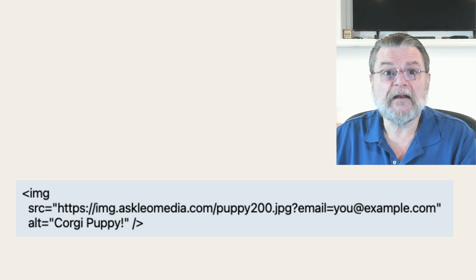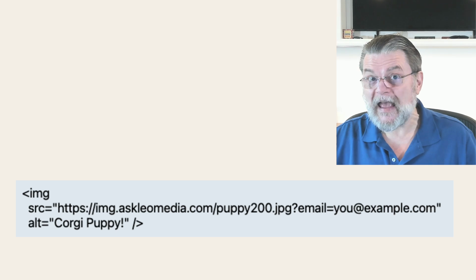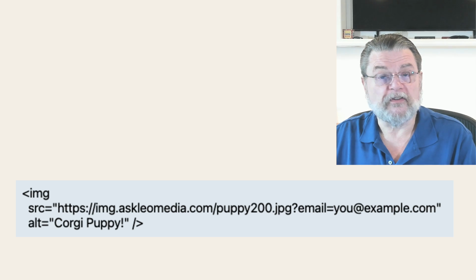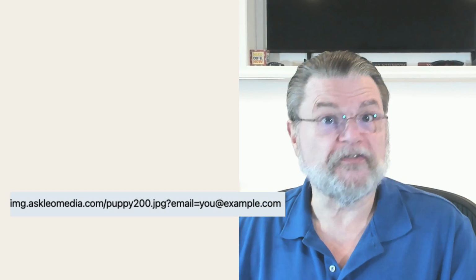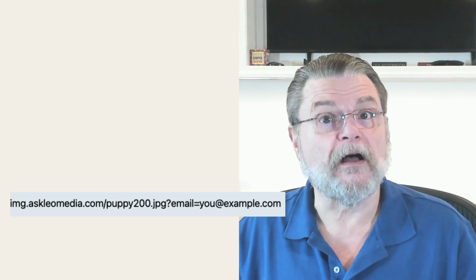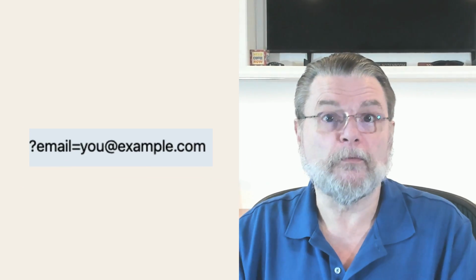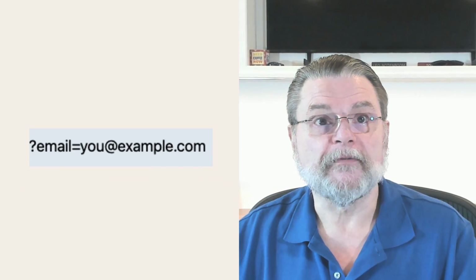Now, there are many, many techniques for doing and hiding this, but I've chosen something easy and obvious for this example. Each email contains a link to the image personalized with the email address of the recipient. When the email program fetches the image, it asks for image.askleomedia.com/puppy200.jpg?email=you@example.com.